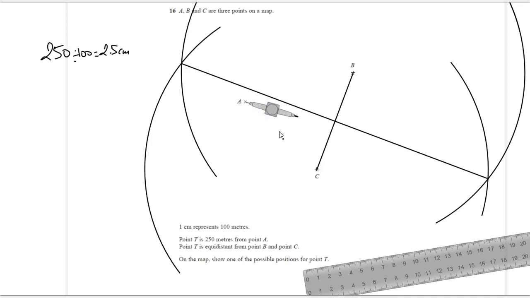It's quite small, to be honest, to have a compass at 2.5 centimeters. They should have said something like 4 or maybe 3 centimeters or 3.5 to make it more manageable for the compass, that is. So now you've got the compass pointer on A, so that A will be the center of your circle which you are about to draw, like so.